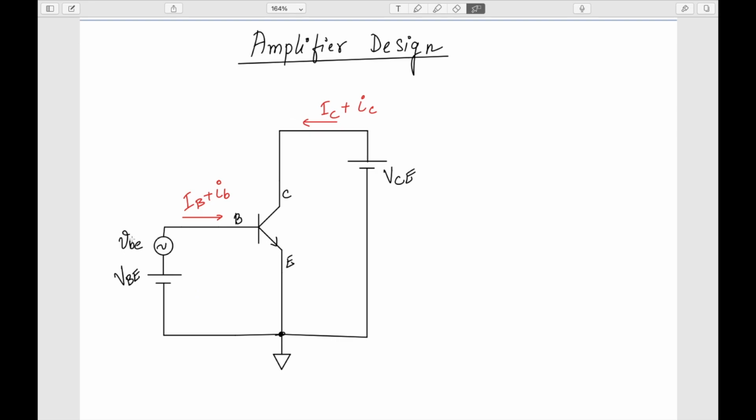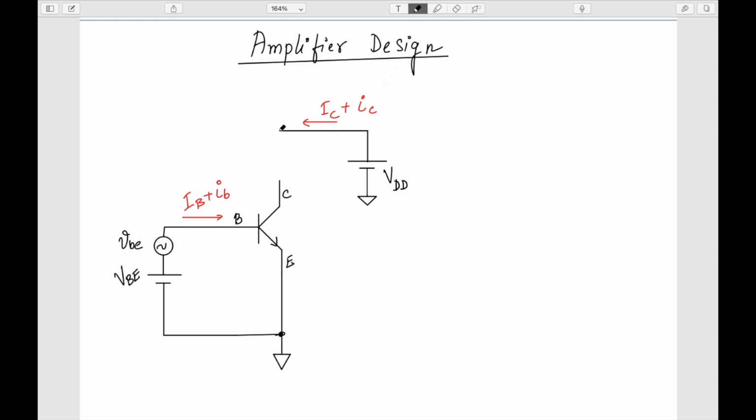Because of this small signal applied, I'm getting this ib, and of course I'm getting an ic, which is beta times ib. Now if I want to convert this current into voltage, I can do it by passing it through a resistor. But before that, I'll fix this collector at a potential which is VDD, basically the supply voltage.